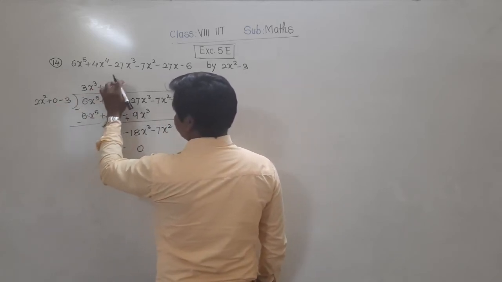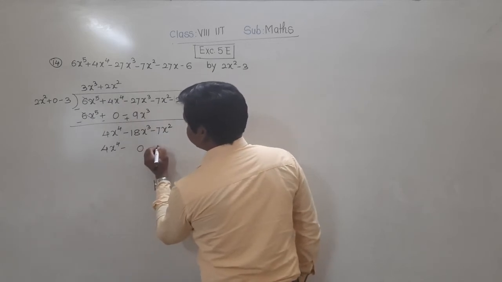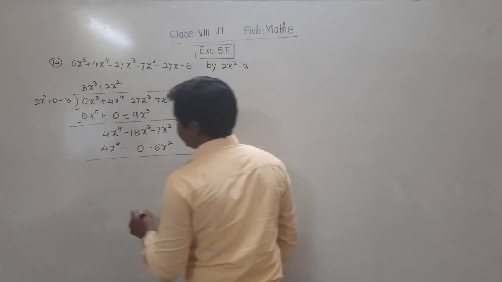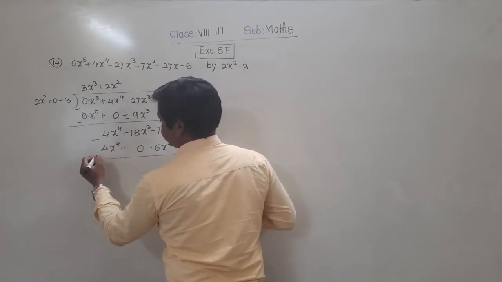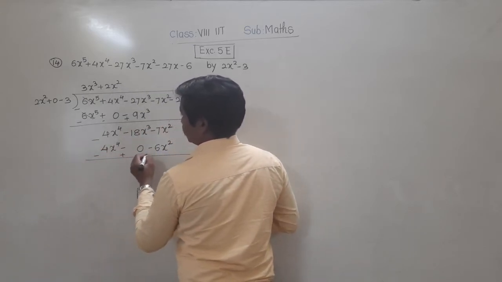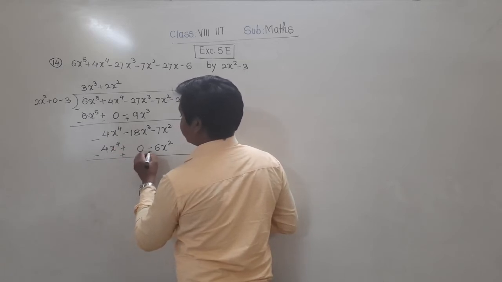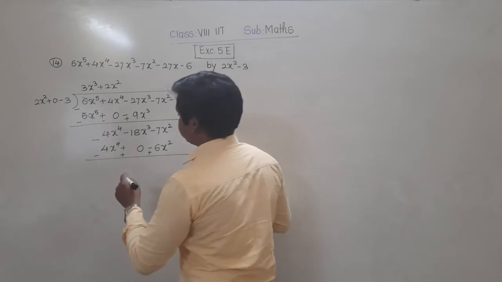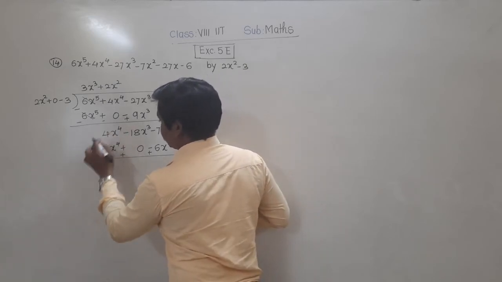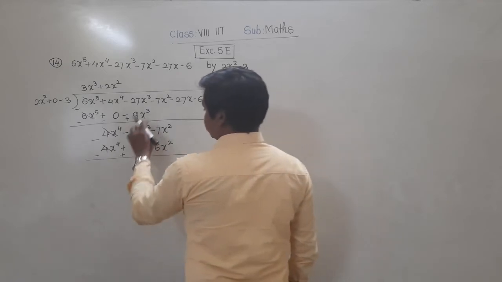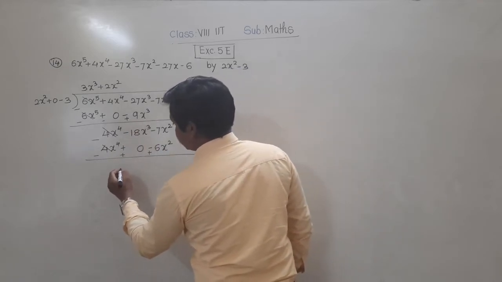And minus 3 into 2x square, minus 6x square. Okay? Subtract this. Plus, sorry. Okay, and here plus. Now see, 4x raised to 4 minus 4x raised to 4 cancels, minus 18x cube plus 0.